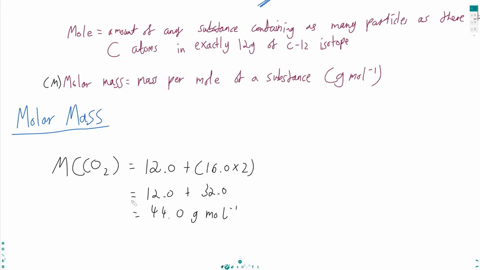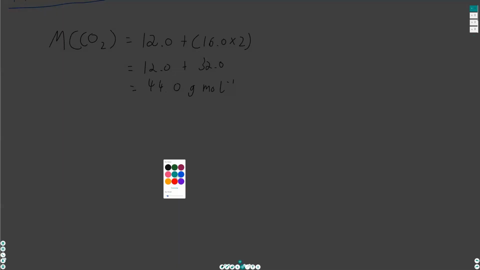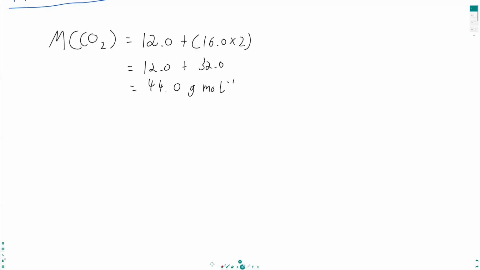The amount of substance, which is N, the mass, which is small m, and the molar mass, which is big M, are all linked by one general formula, and this is one of those formulas you need to memorize.